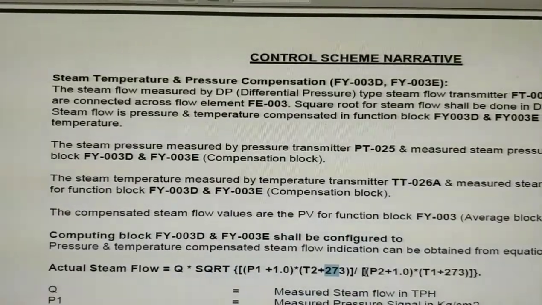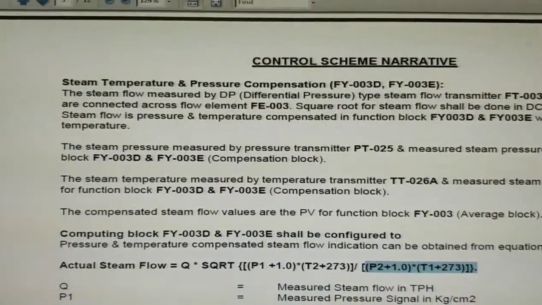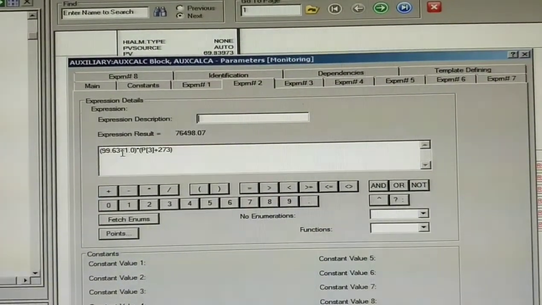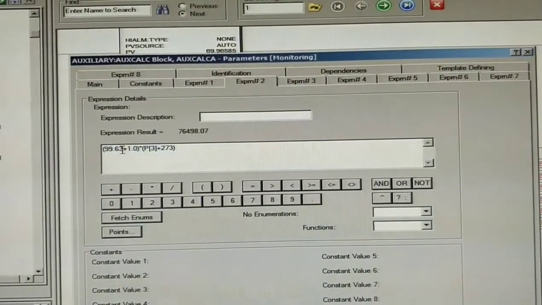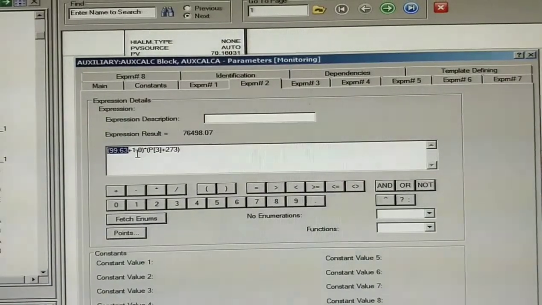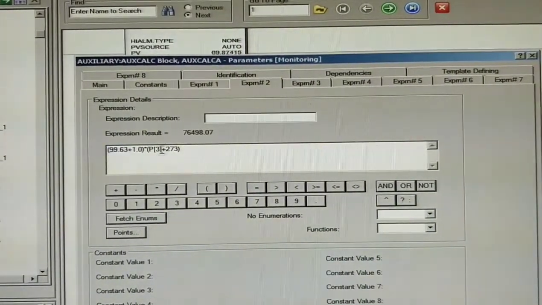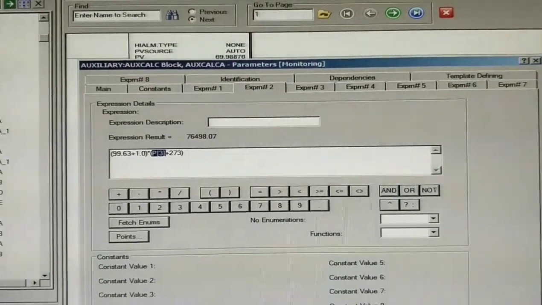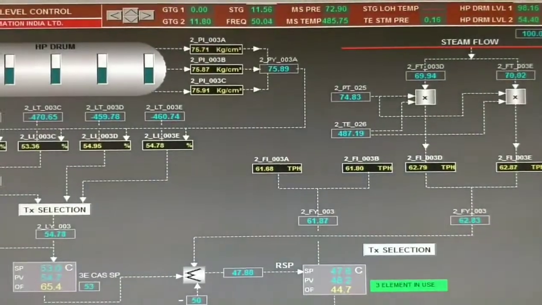Now the next calculation is done in the next expression. Here 99.63 is the nozzle design pressure plus 1.0, multiplied by the live temperature, which is connected at the P3 block pin, plus 273.